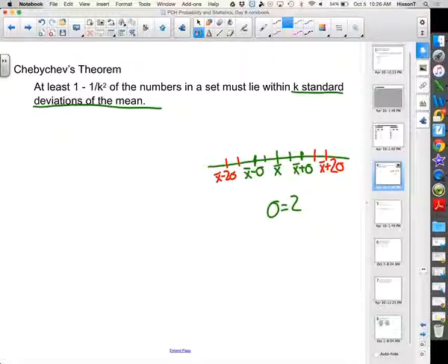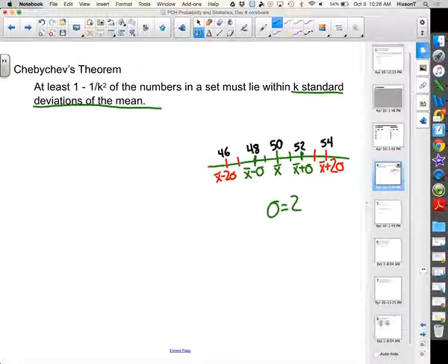Does that make sense? So if x bar was, say, 50, then 1 standard deviation from the mean would range from 48 up to 52. And 2 standard deviations from the mean would go from 46 up to 54.